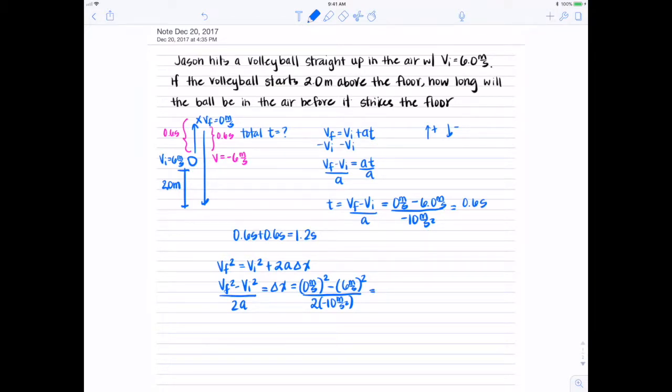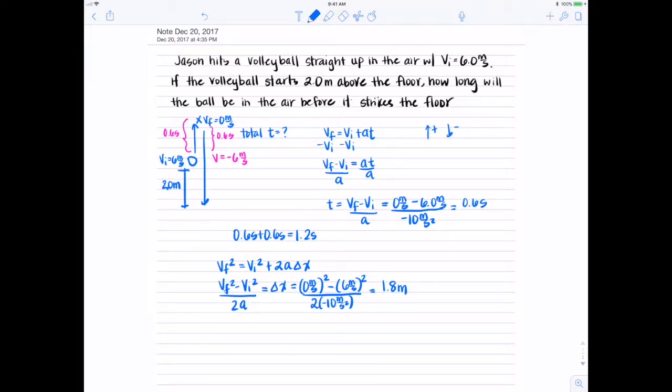So we have a negative 36 divided by negative 20. And that gives me 1.8 meters. So now I've just solved for the distance that the ball travels before it reaches its peak and changes direction.